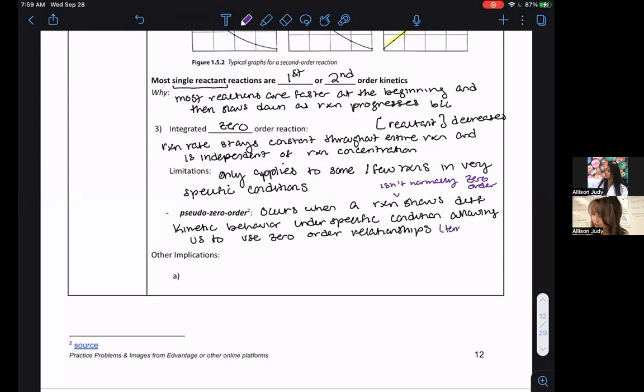And I'm going to put temporarily, right? Only for these conditions, right?